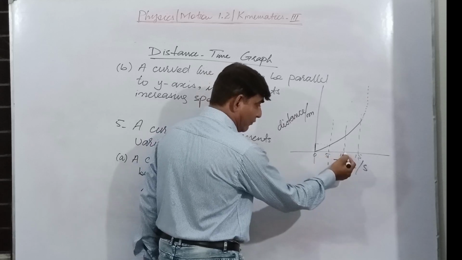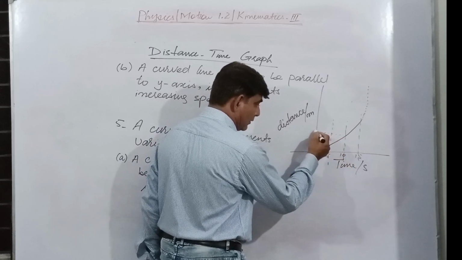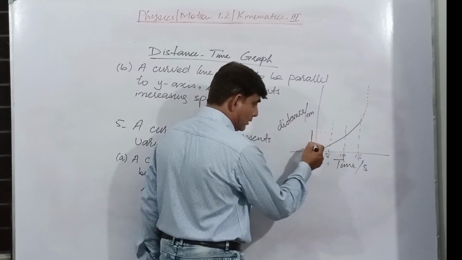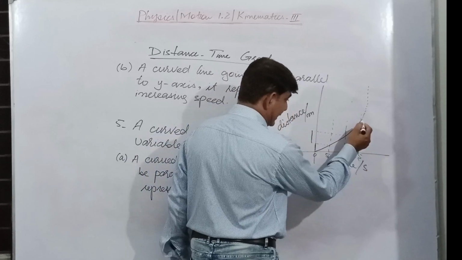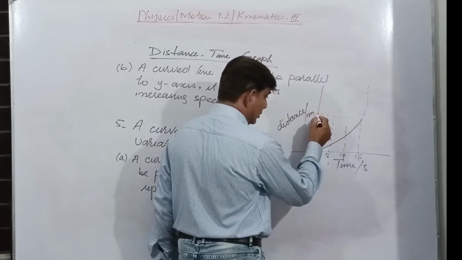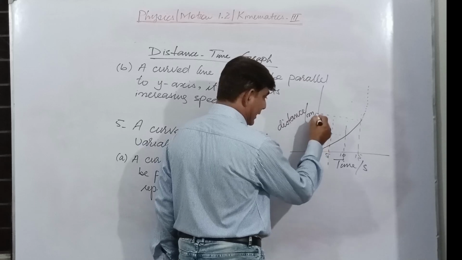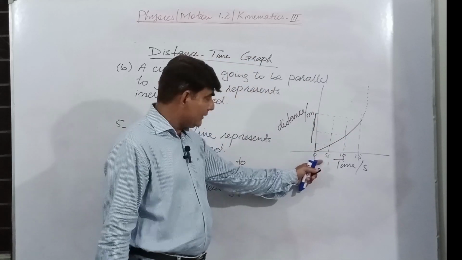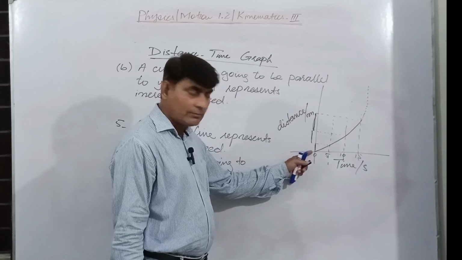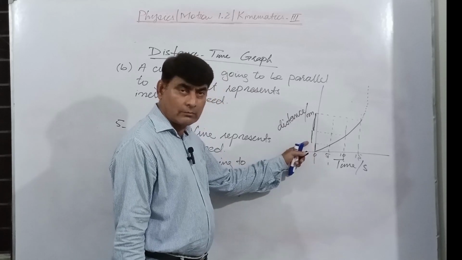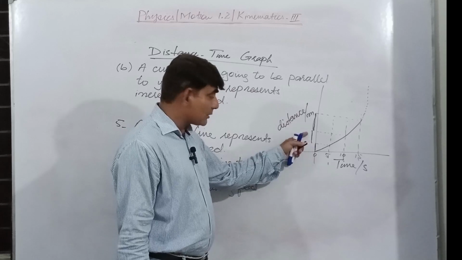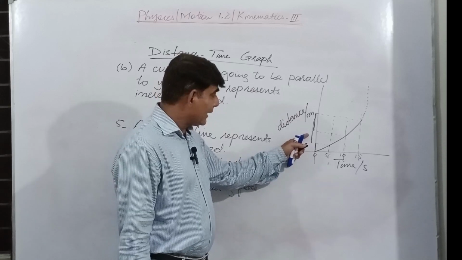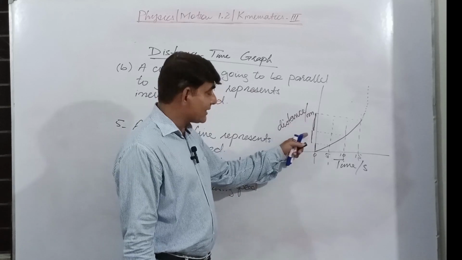For the next 5 seconds, this distance is covered, and for the next 5 seconds, this distance is covered. It is very clear: in the first 5 seconds, a small distance is covered, in the next 5 more than this one, and next more than this one.